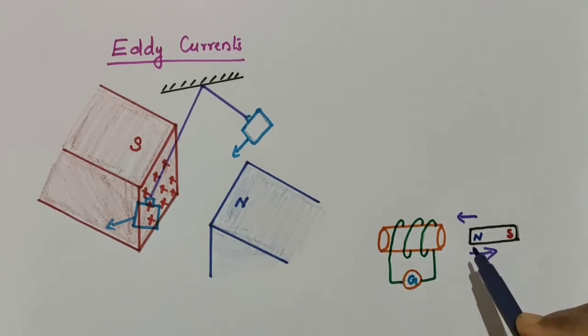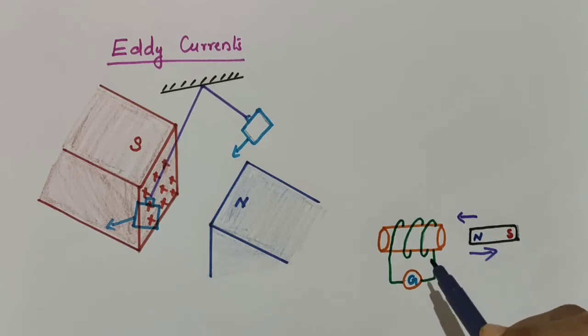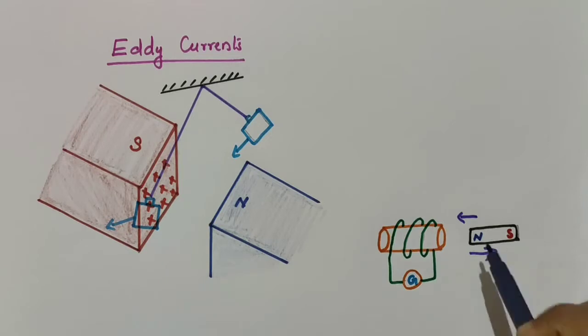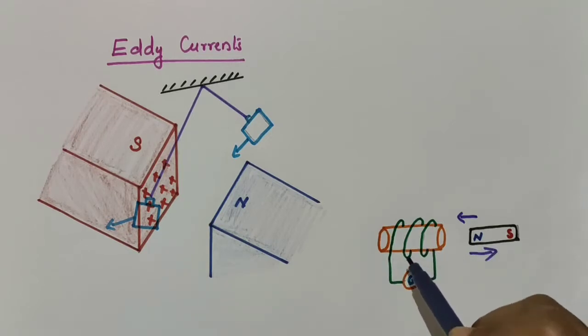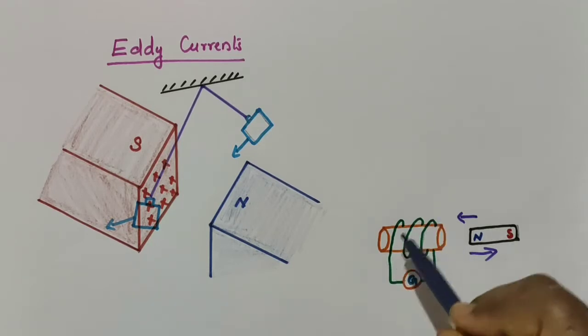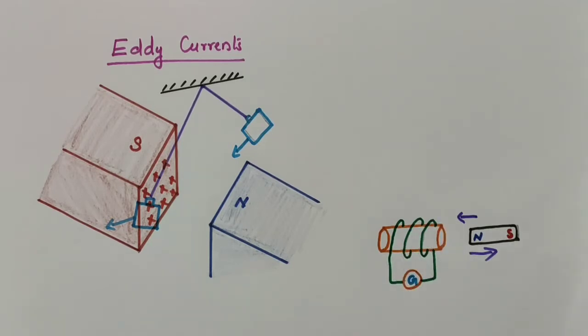So the increase or decrease in flux means what? A change in flux. Right. So when this coil is subjected to changing magnetic flux, an induced current is produced in this coil. The direction depends on Lenz's law, which we have discussed in the previous videos.